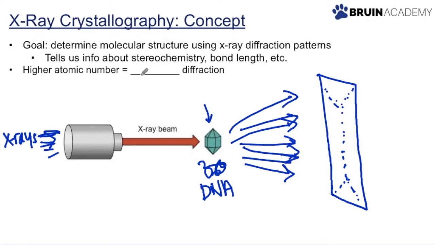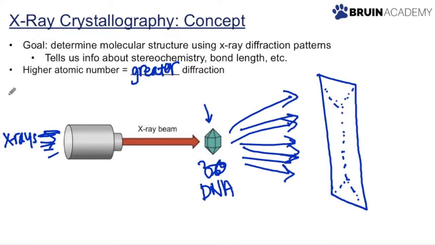And so in general, since we're dealing a lot with electron clouds, a good concept to know is that the higher the atomic number of the element that we're dealing with, the greater the diffraction. So you basically have more diffraction when you have a higher atomic number.